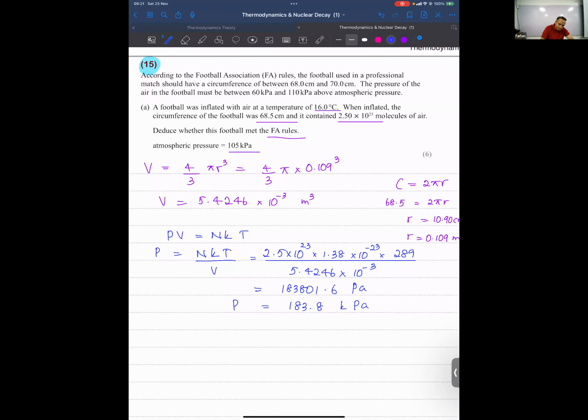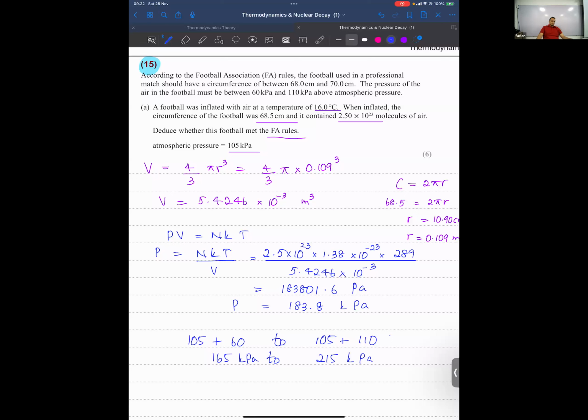So the atmospheric pressure is 105, which means the real limit is 105 plus 60 to 105 plus 110. 105 plus 60 is 165, and 105 plus 110 is 215. This is the absolute pressure limit. So 183.8 is the value that we are getting, which falls in between. So that means fine.